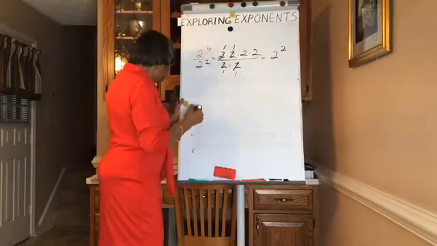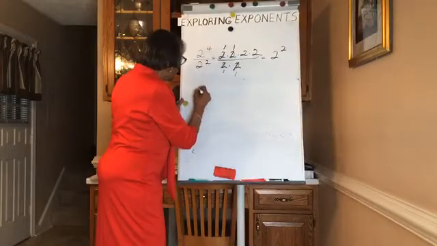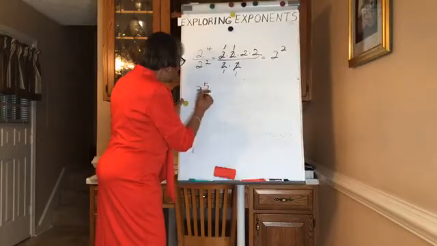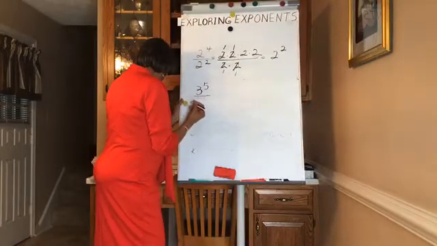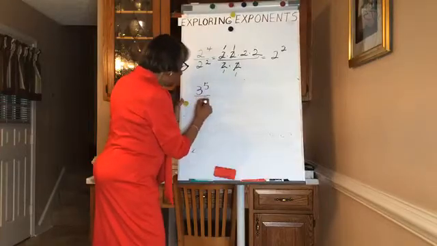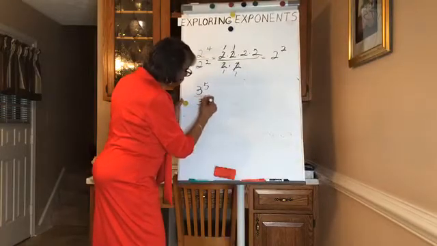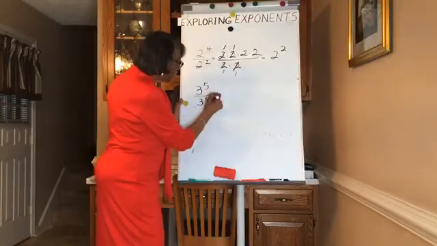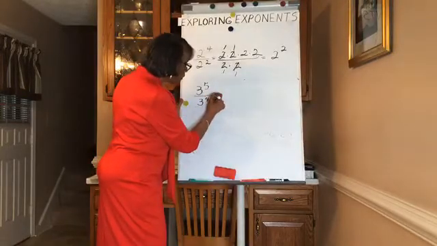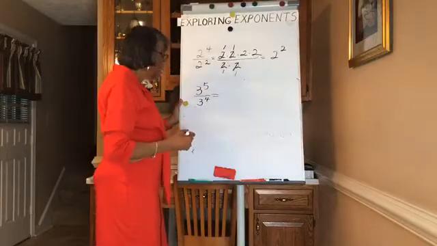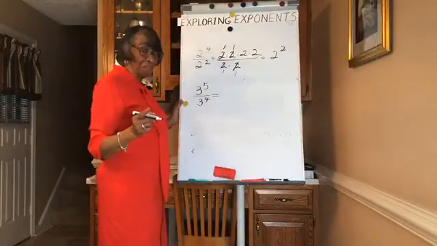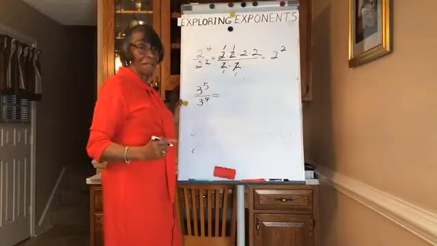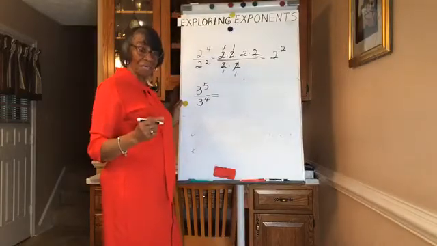Let's do 3 to the 5th power divided by 3 to the 4th power. All right, I'm going to work now with the cancellation process. So I'm going to expand it. And I remember, I don't teach rules, but when you see what's happening, then I allow you to do a shortcut.